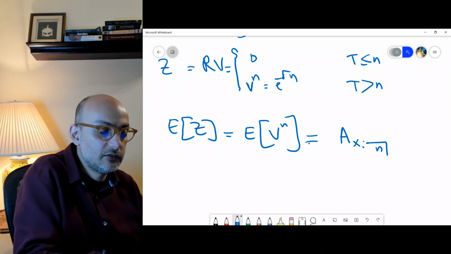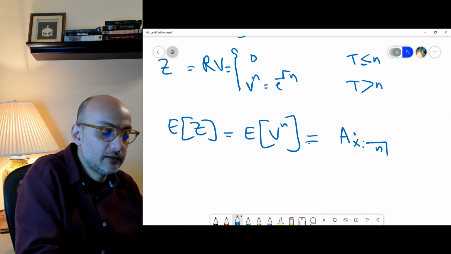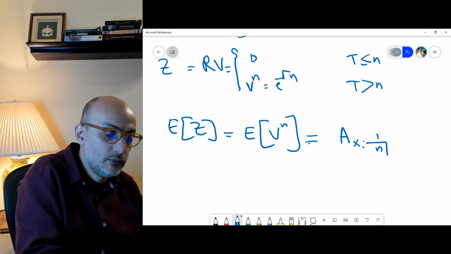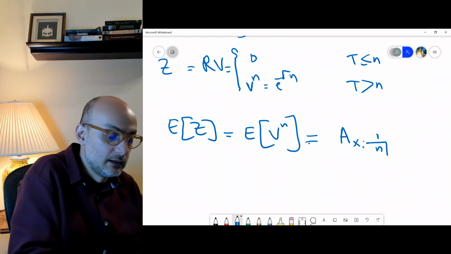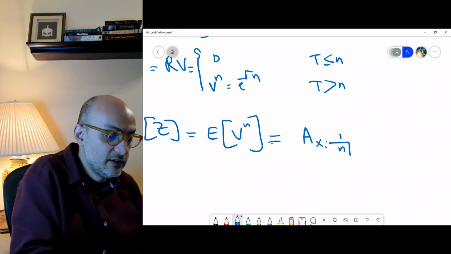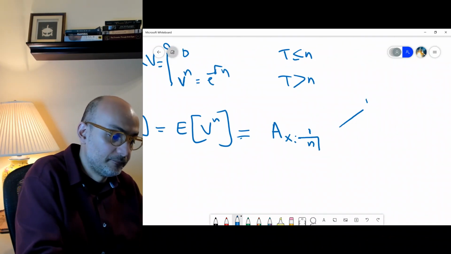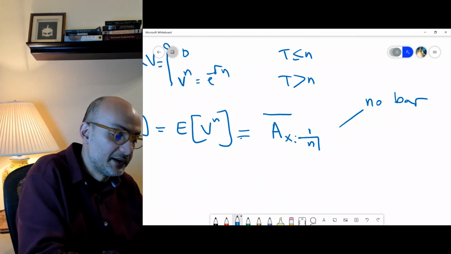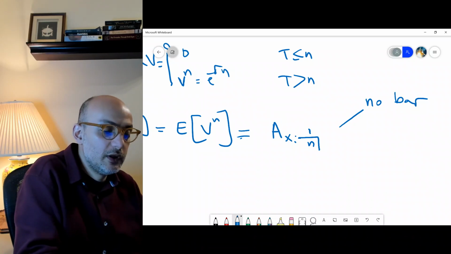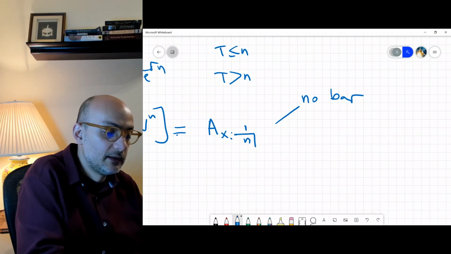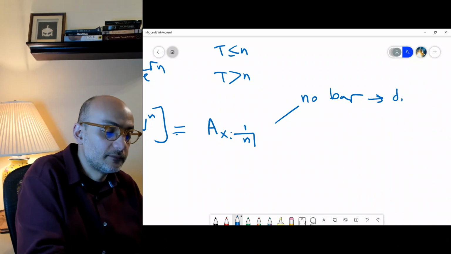If the payment is here, then we're looking at term insurance. But here it is pure, the 1 will be over n. What you would recognize here first is that there is no bar. What does it mean that there is no bar? It's discrete.